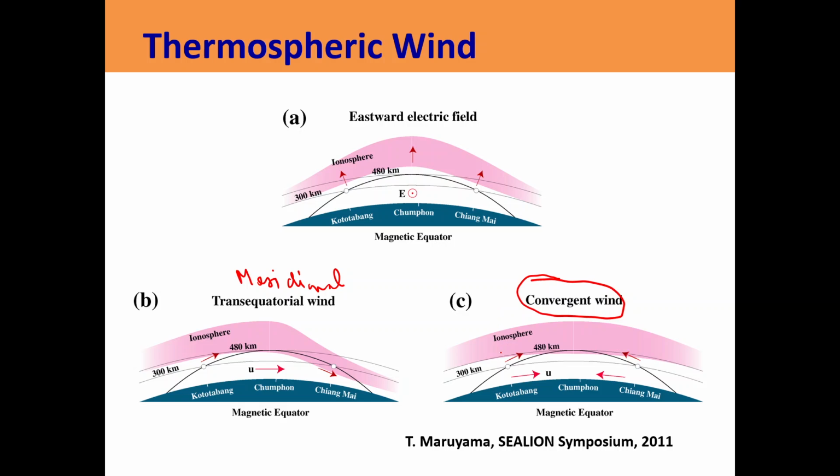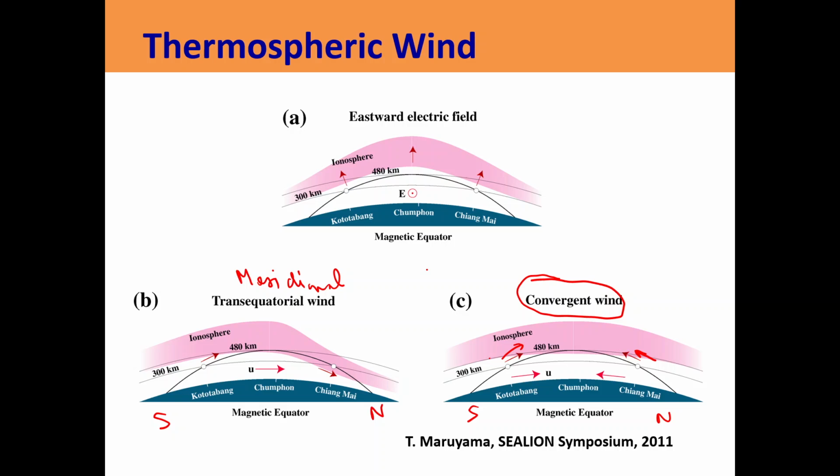Sometimes you have wind not just from south to north. I think in this picture it is south to north, but you can have wind that comes from both directions. In this work he tries to look at why there is some asymmetry between the northern and southern hemisphere.